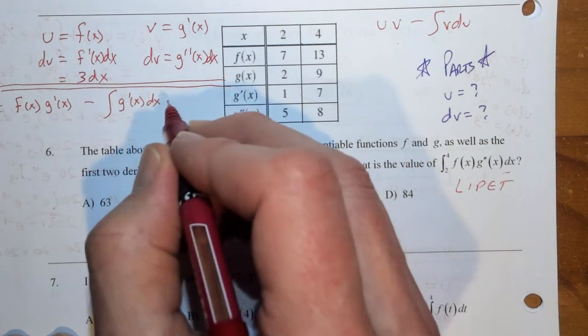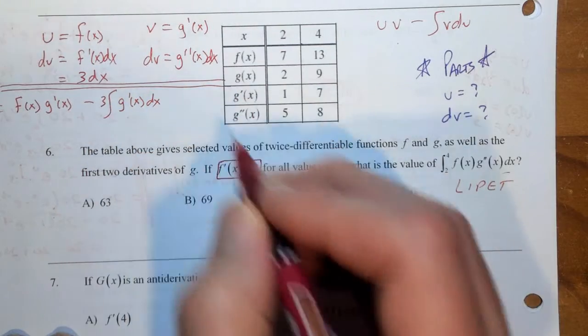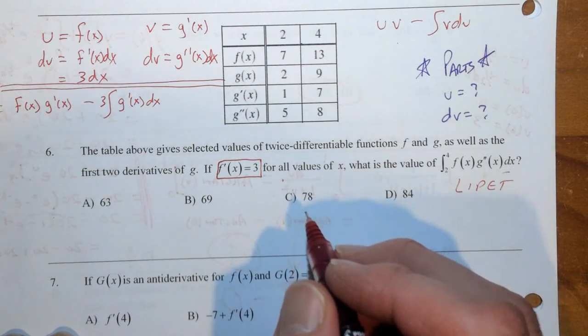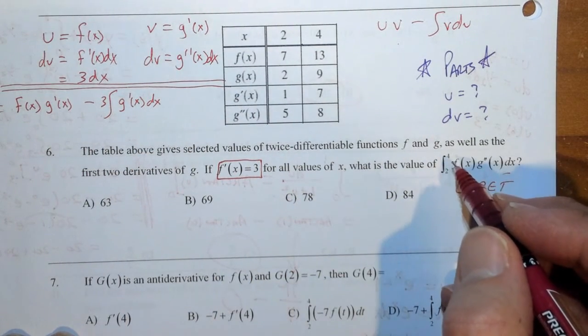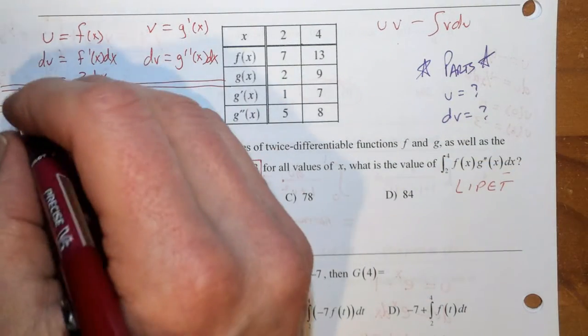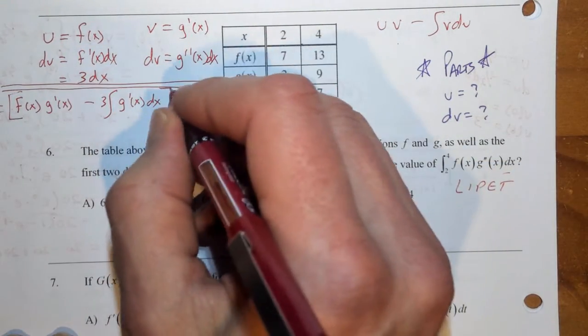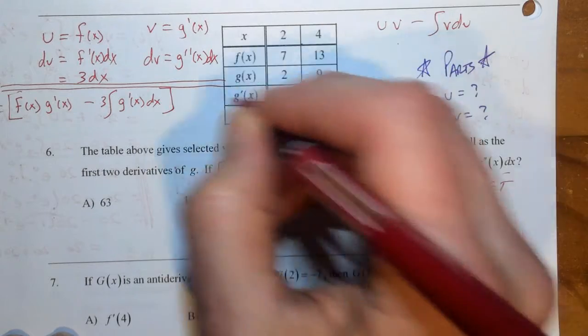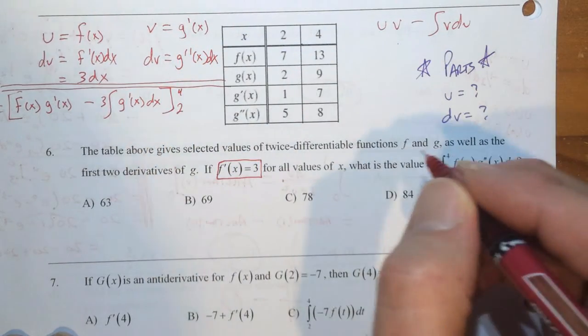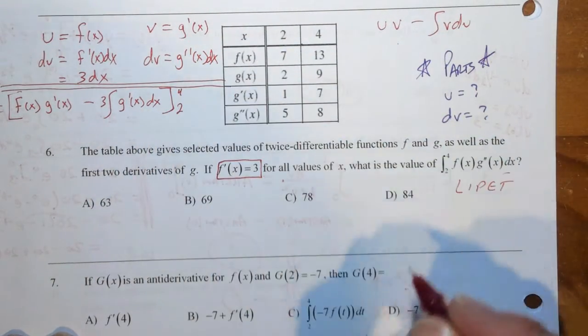So I'm going to put the dx on the inside, and might as well get the 3 on the outside. And yes, this is a definite integral, so we are going to have the whole thing evaluated from 2 to 4. We're just not going to do it yet, but that 2 and 4, they haven't gone away.